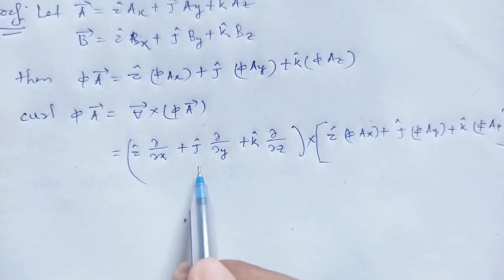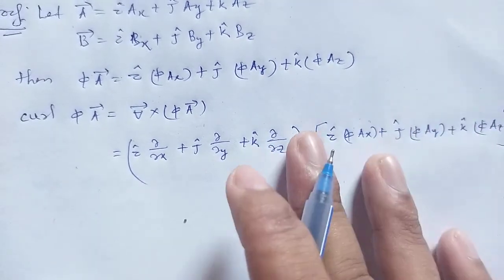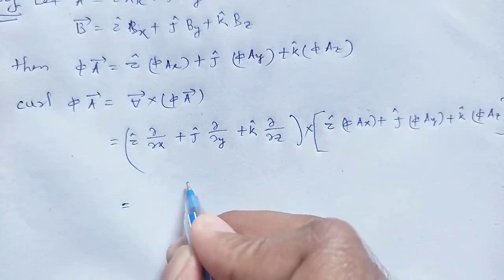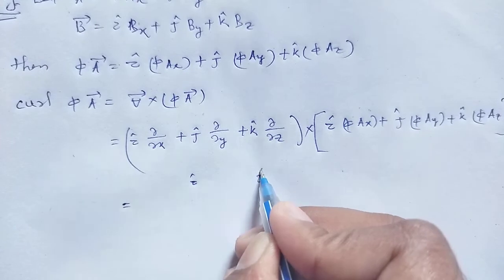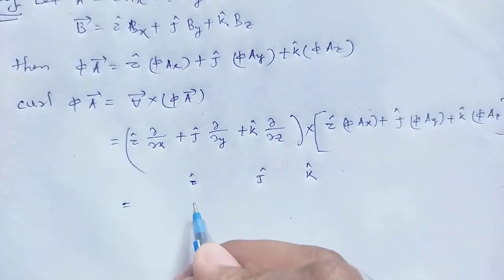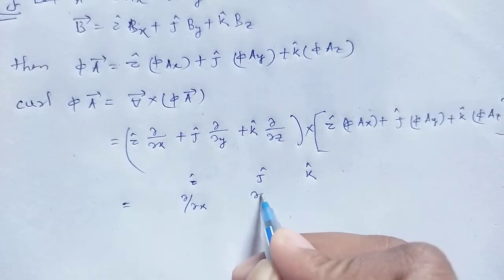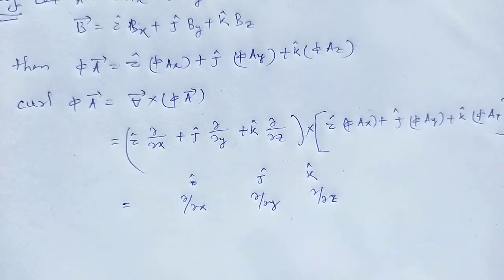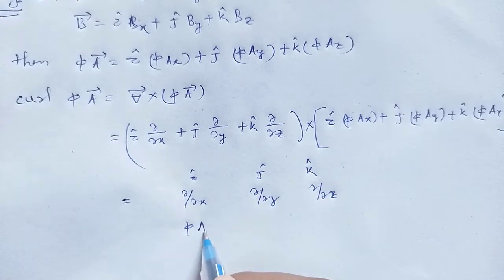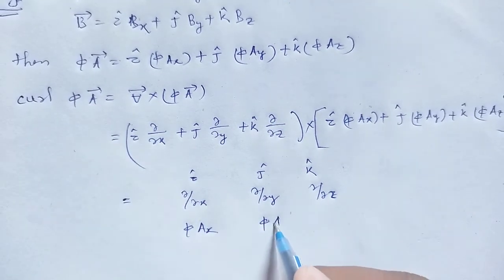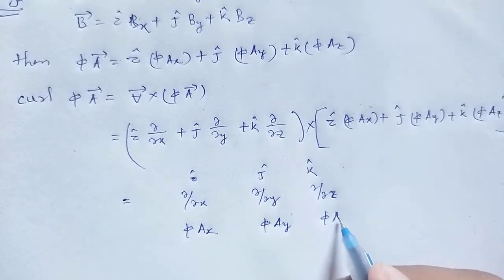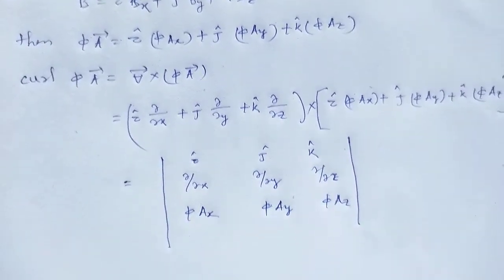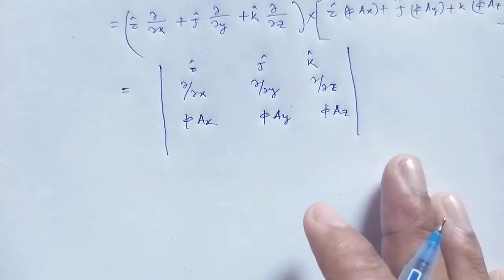We take the cross product of this term with that. As a result we find the determinant of i cap, j cap, k cap; del by del x, del by del y, del by del z; phi Ax, phi Ay, phi Az. Now we have to evaluate this determinant.